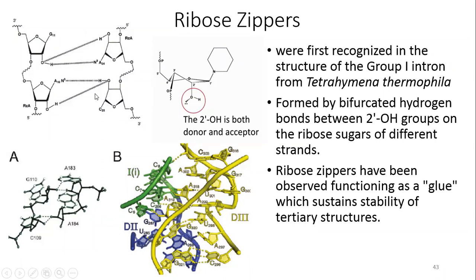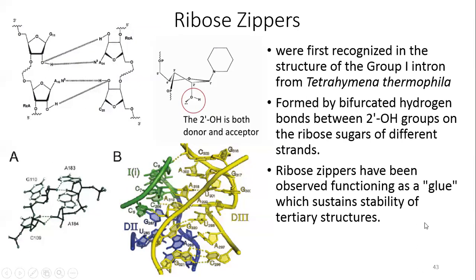What you can see over here is that it forms a bifurcated hydrogen bonding pattern between the 2' OH group on the ribose sugar and the different atoms on the corresponding opposite strand of the ribose sugar on the other side.